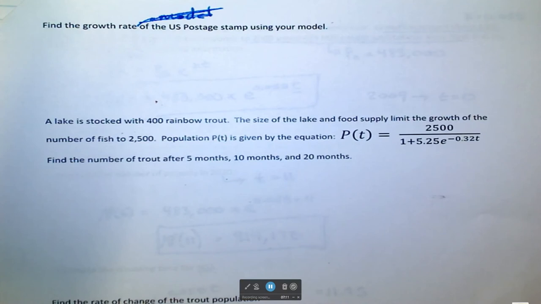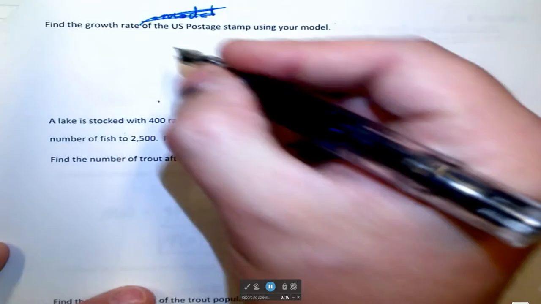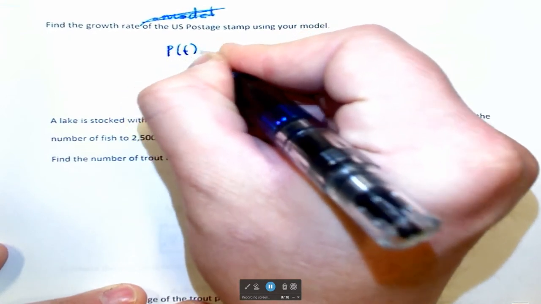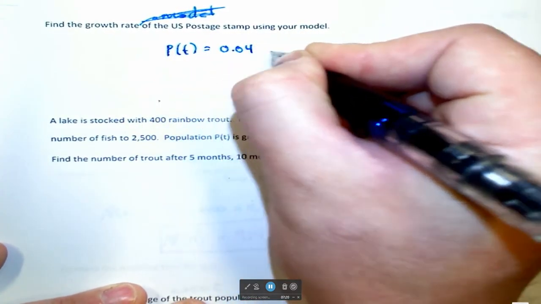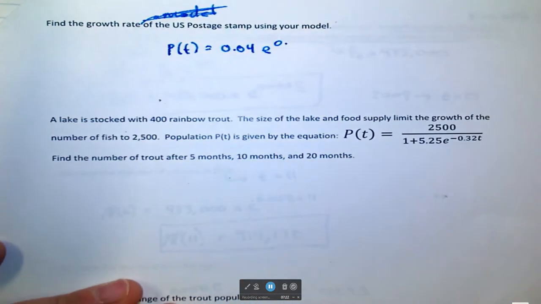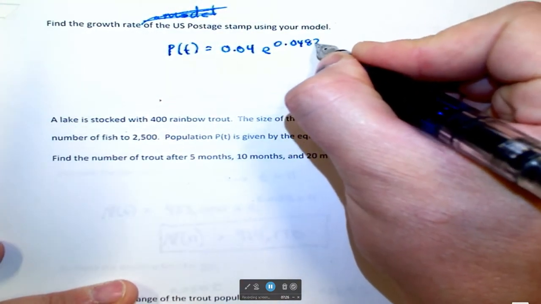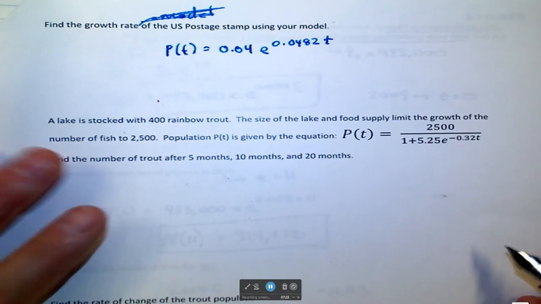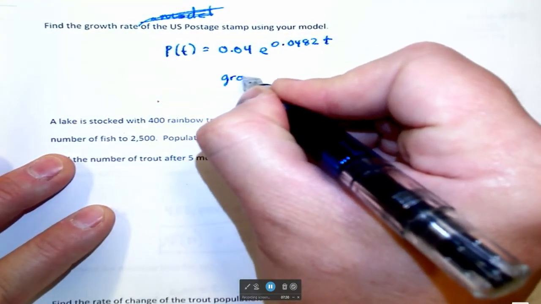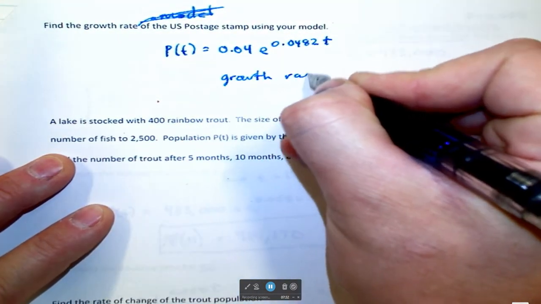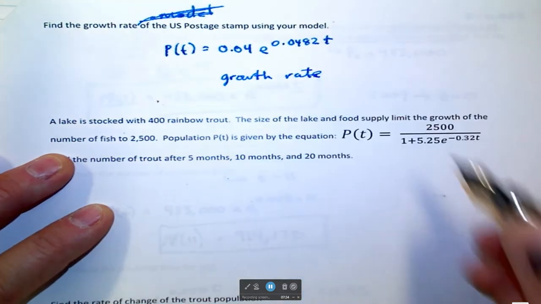Well, our model, let me copy it down. Our model was P of T equals 0.04 e to the 0.0482 T. So what is our growth rate?